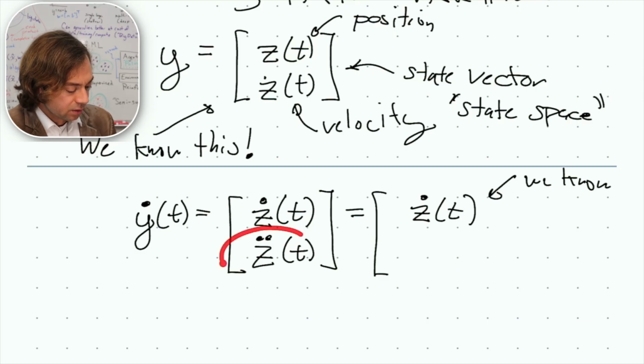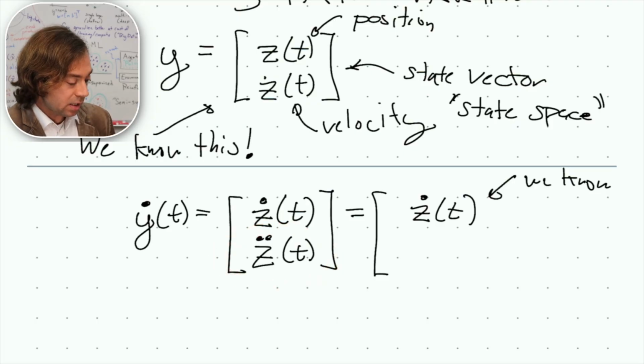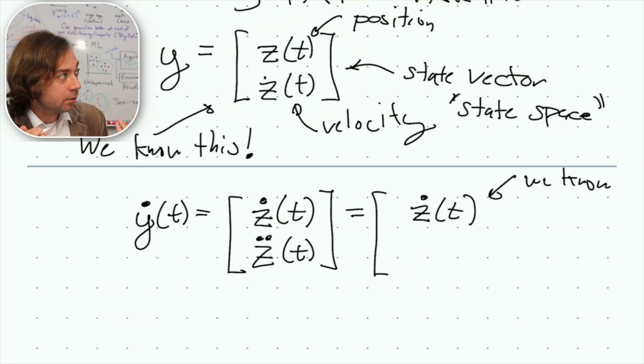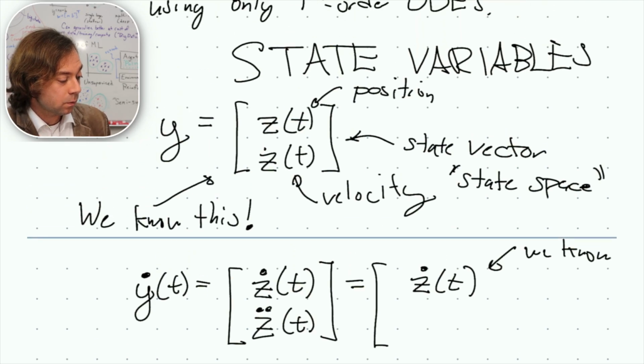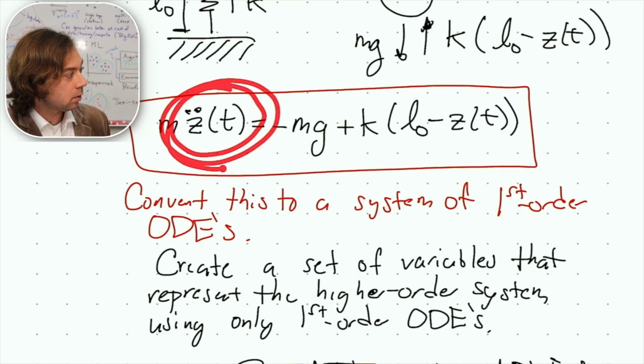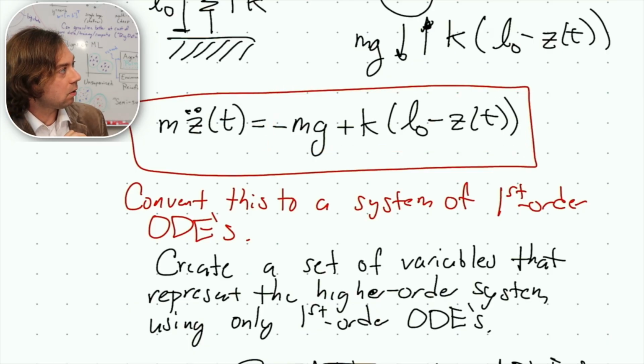Now how about z double dot of t, our acceleration? That is not one of our state variables. We do not know it as a stored variable. But can we get it from somewhere? We absolutely can. There it is, and it's written in terms of stuff we know.